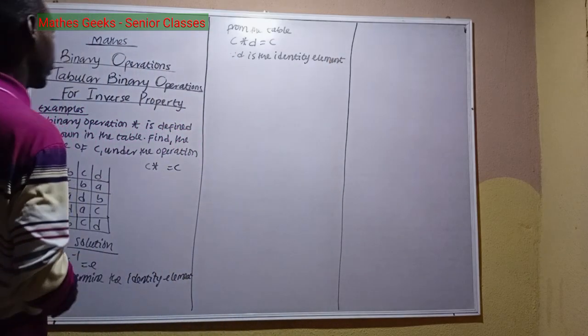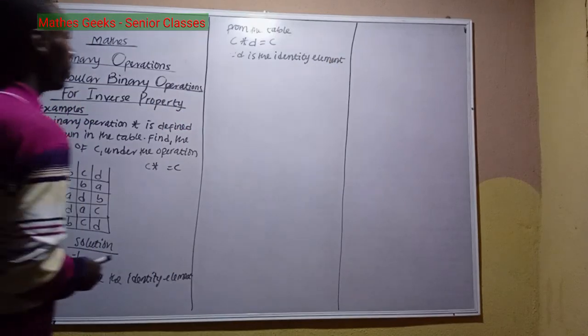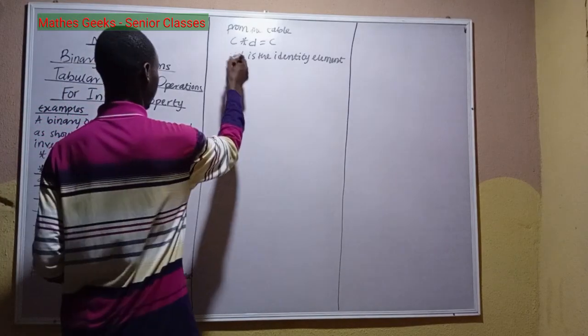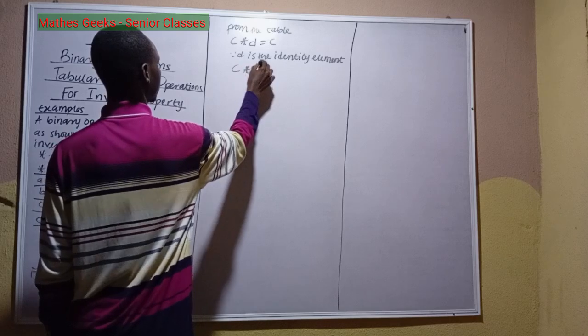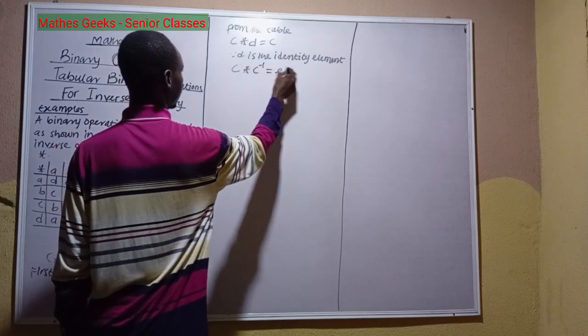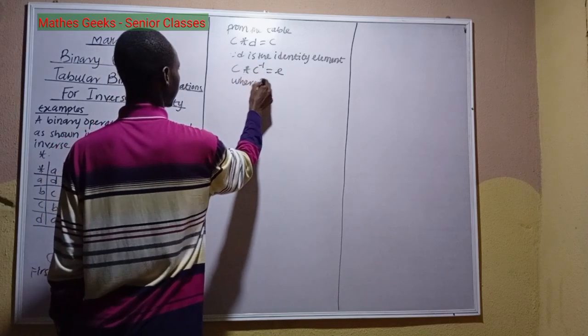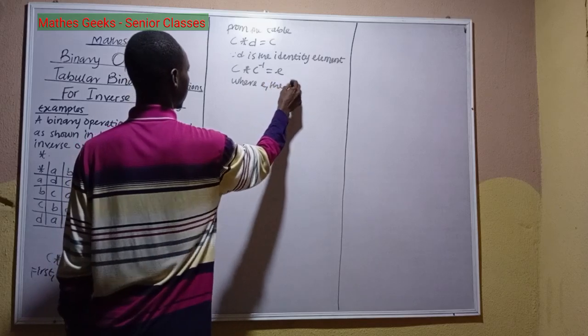Now that we've gotten the identity element, remember that C operation C inverse is equal to E, where E is the identity element.